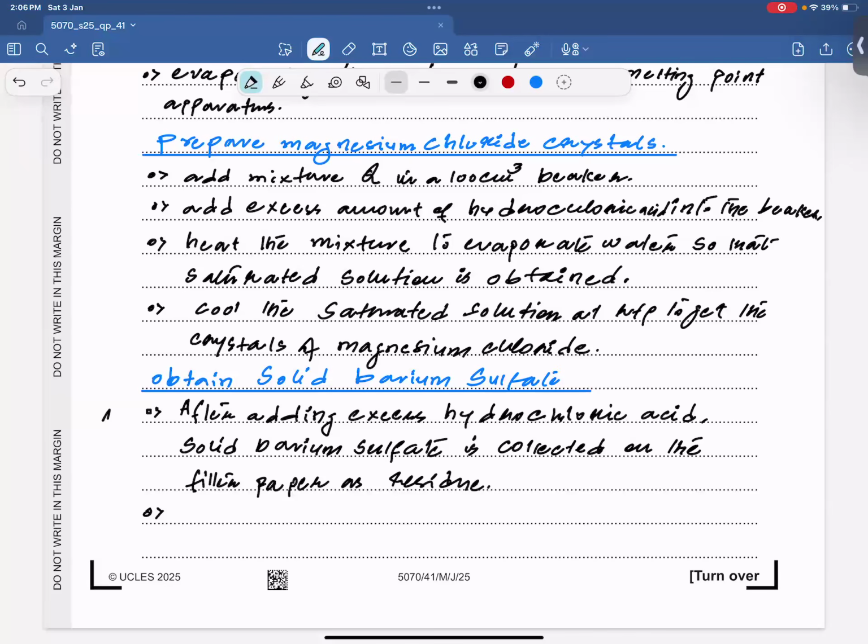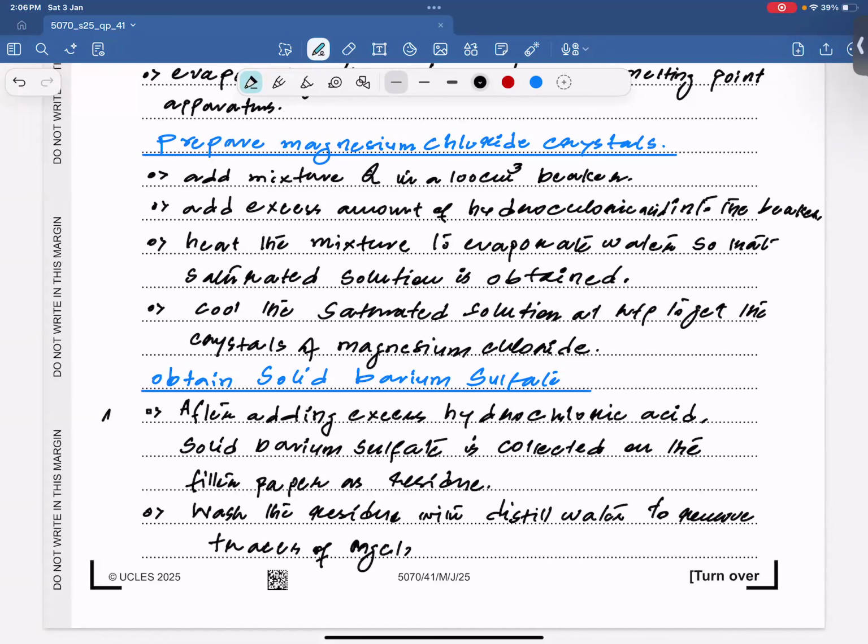Obviously, this residue has some traces of magnesium chloride, so we need to remove those traces, and for that, we need to wash the residue with distilled water. Wash the residue with distilled water to remove traces of magnesium chloride.